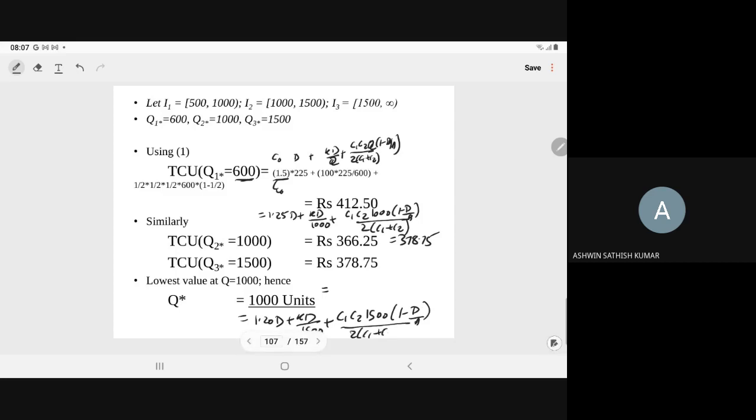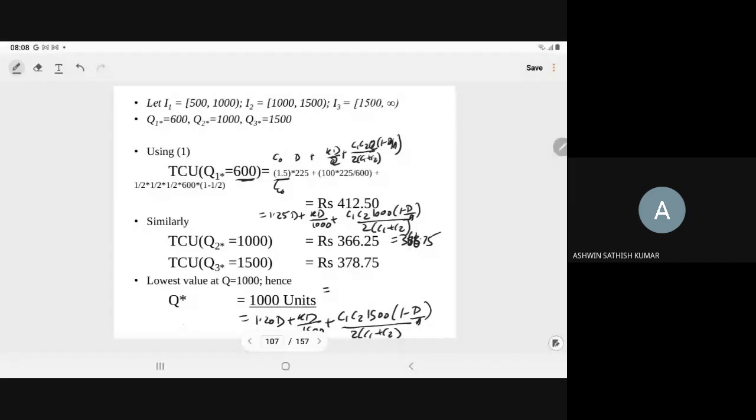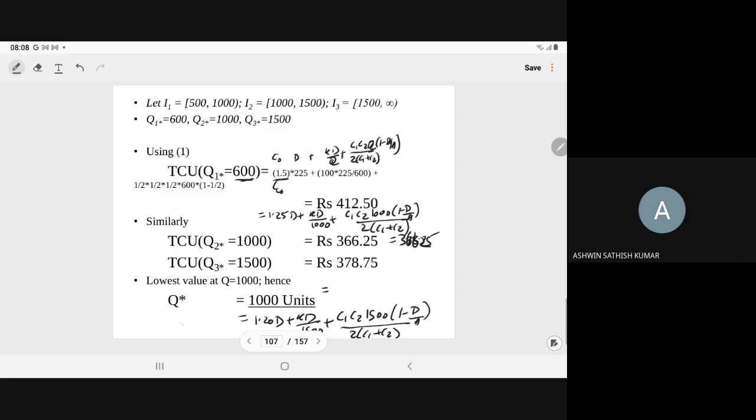One mistake: this will come 366.25, and for the other it is 378.75.